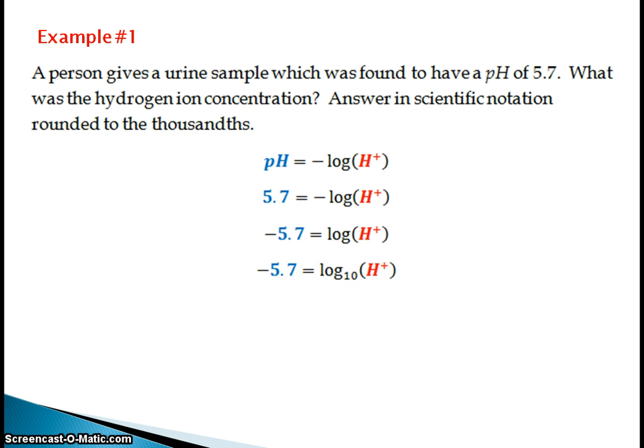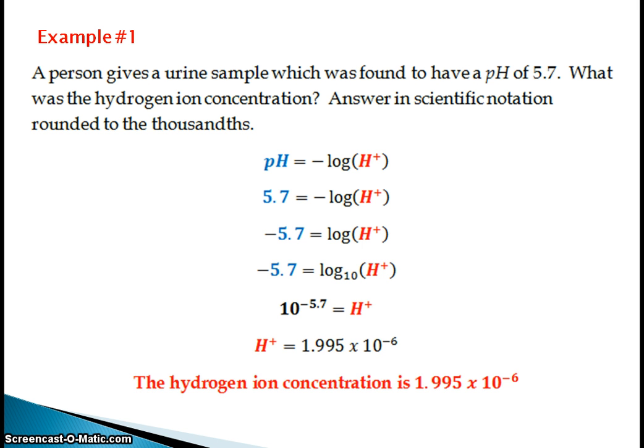Then we'll find the inverse of that, noting that log, when no base appears, is log base 10. So the inverse of that is 10 to the negative 5.7 power. That is H plus. We were asked to write that in scientific notation and round it to the nearest thousandth, so I do that here.